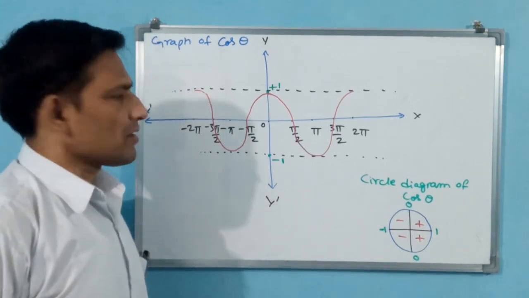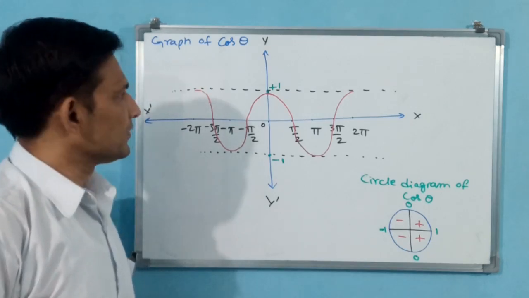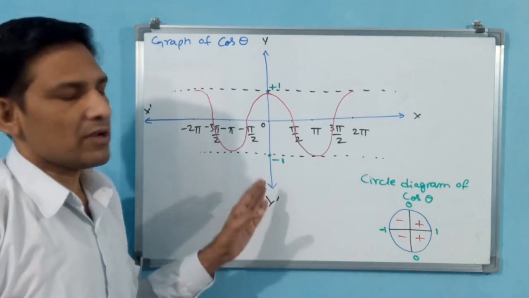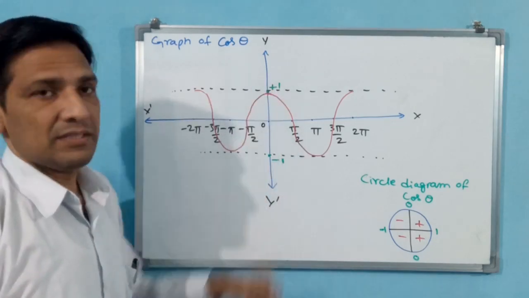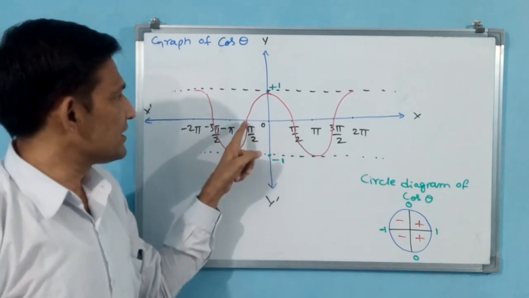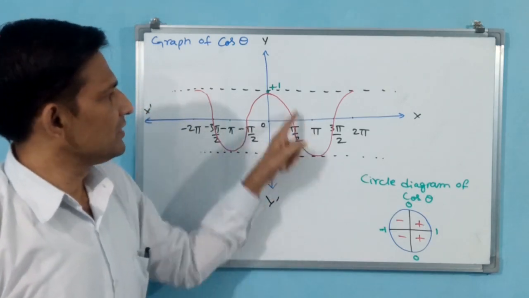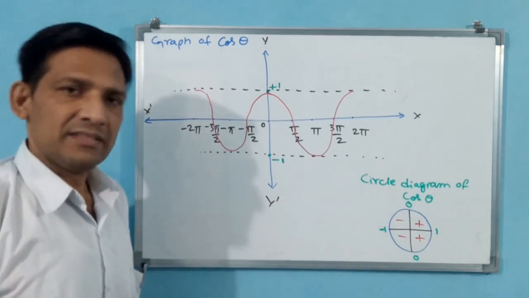These graphs are also important for you to understand the concept, how it is going on. See, cos theta starts from 1 at the origin, but not like sin theta. Sin theta starts at 0 at 0. That was the difference between the graph of cos theta and sin theta.